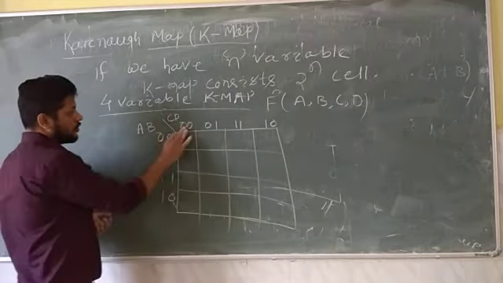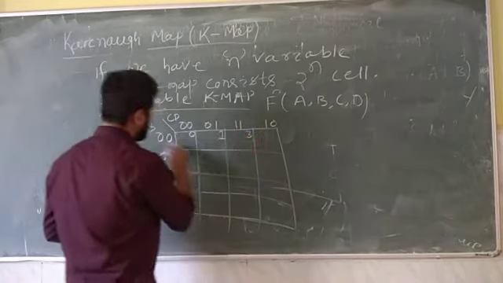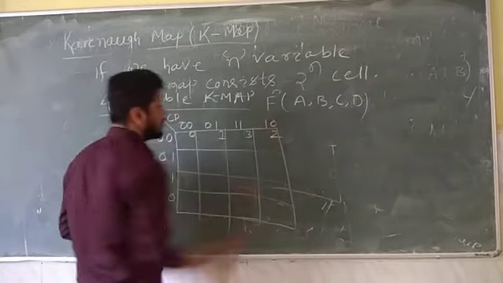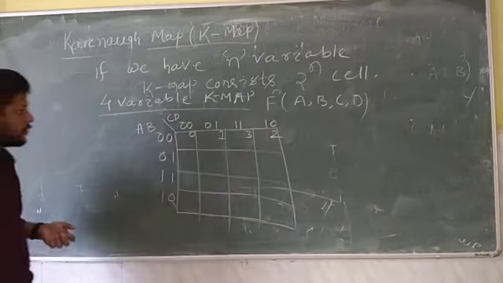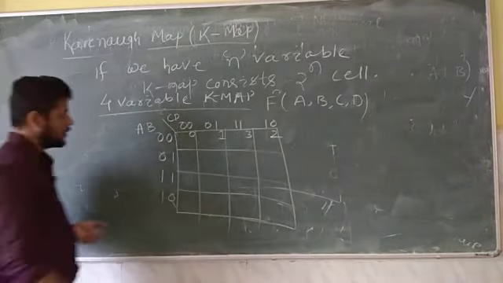So 0 0 0 0, you can write here 0 0 0 1. Here 0 0 1 1 is 3, 0 0 1 0 is 2. So 0, 1, 3, 2. Then we have 4, 5, 7 and 6.